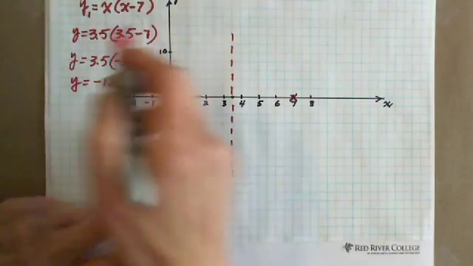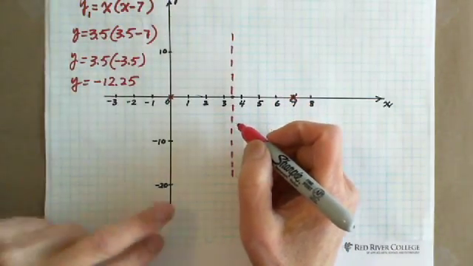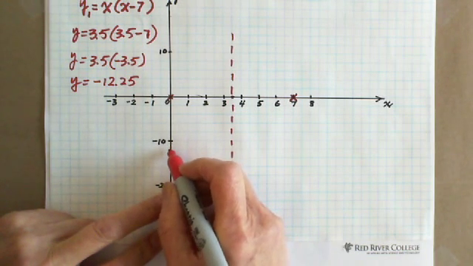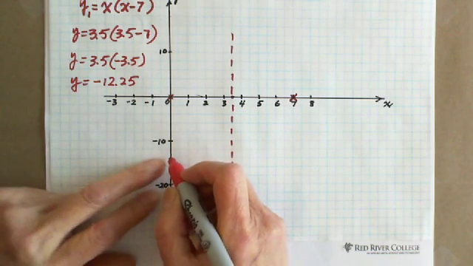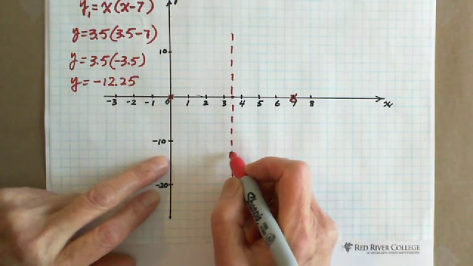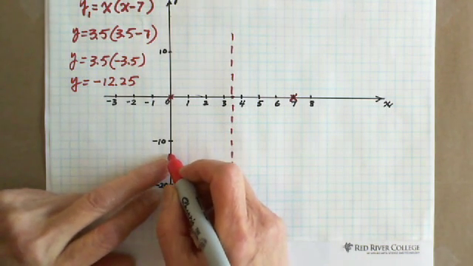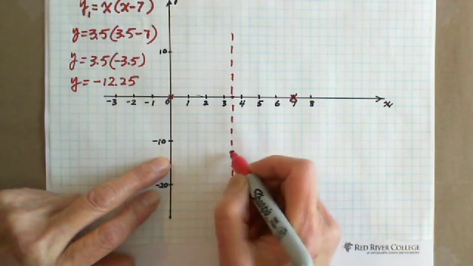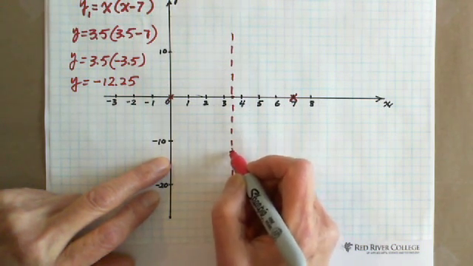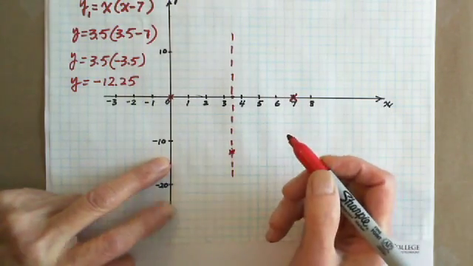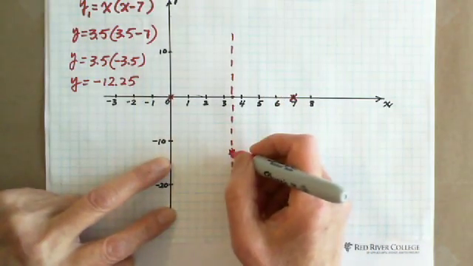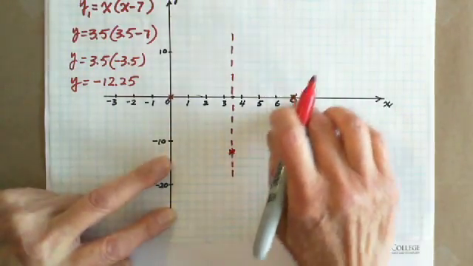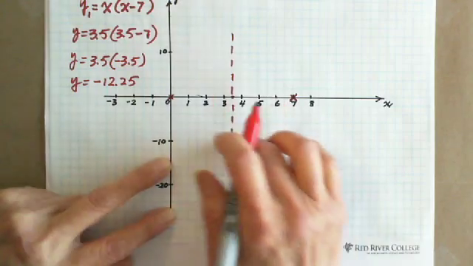So when x equals 3.5, y equals negative 12.25. This is 10, this is 20, this is 12, this is 14. The 12.25 is a little bit down because this is 12, this is 14, so a little bit down here, put the point here. If you want to be more precise, maybe you get more points.